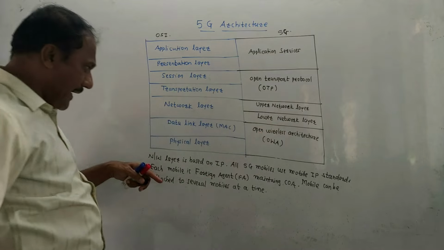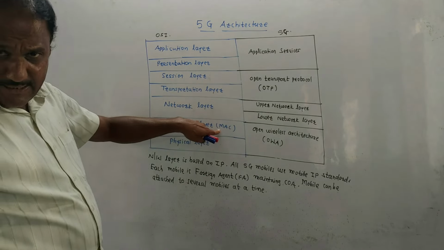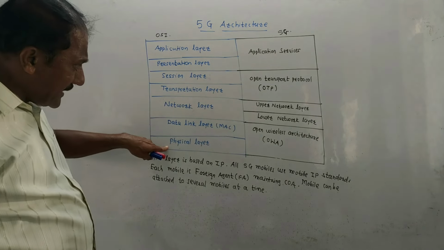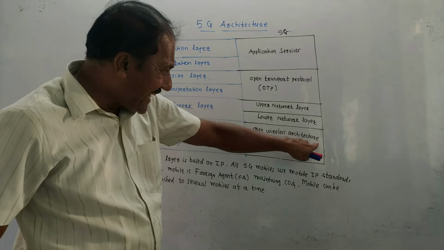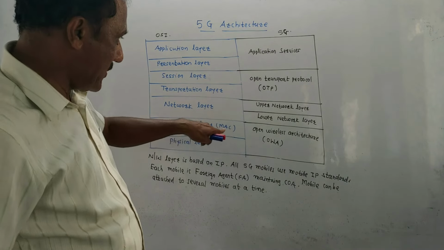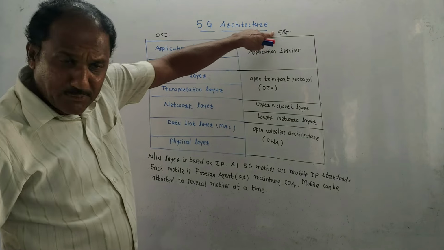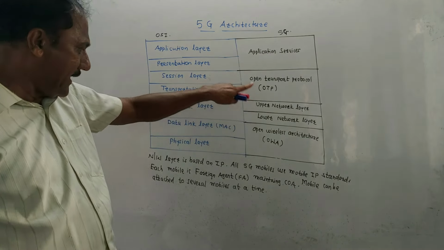As shown in this diagram, the data link layer, which is also MAC, the medium access layer, and the physical layer combined produce open wireless architecture, that is OWA, for the 5G architecture. In case of the network layer, there are two parts as far as 5G is concerned: lower network layer and upper network layer.